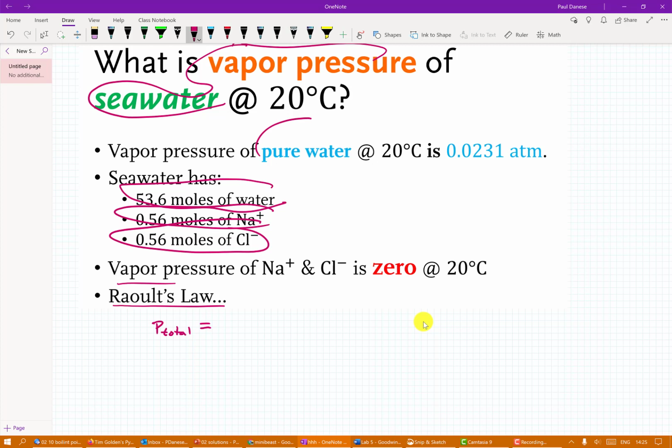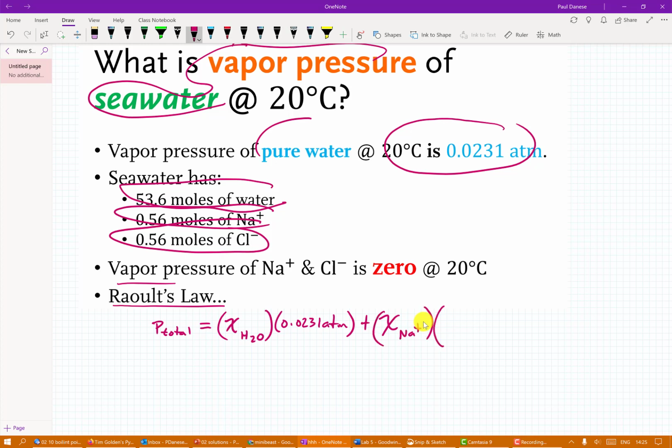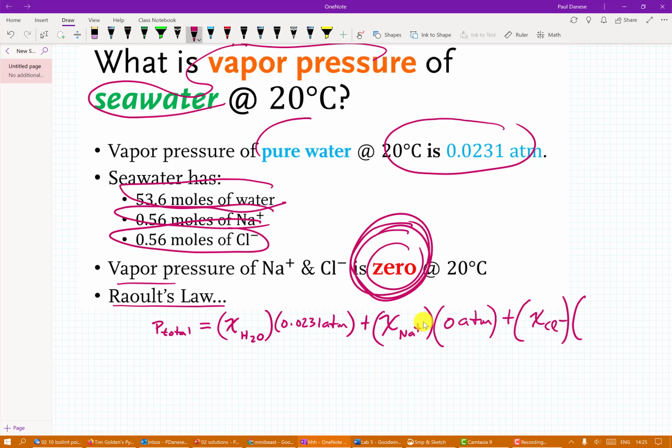So for us, it's going to be the fraction of water molecules times the vapor pressure of water at that temperature, so 0.0231 atm, plus the fraction of sodium ions times the vapor pressure of sodium, which is going to be 0 atm, plus the fraction of chloride ions times the vapor pressure of chloride at that temperature, which is also going to be 0 atm.